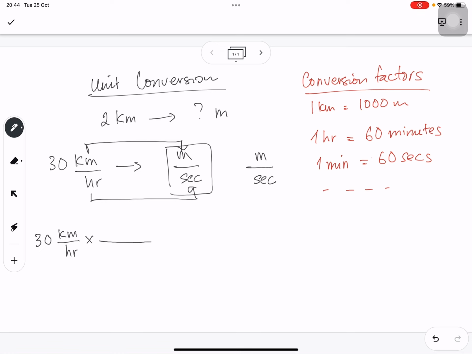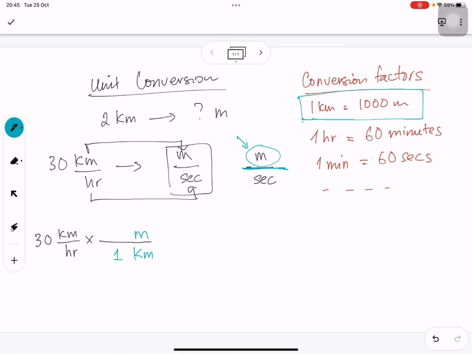Let's say that I want to tackle the kilometer first, and I want to convert kilometer to meter. So of course, meter is on the top here, so definitely you would put meter on the top, and what you want to cancel is kilometer. Here I use the conversion factor that 1 kilometer has 1,000 meters.